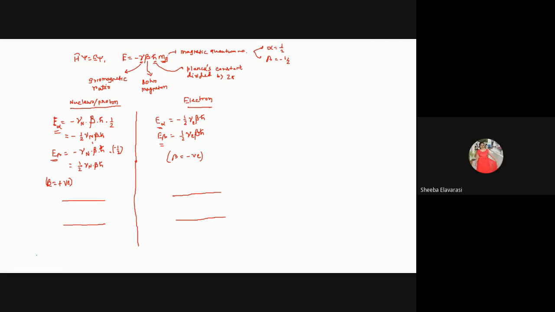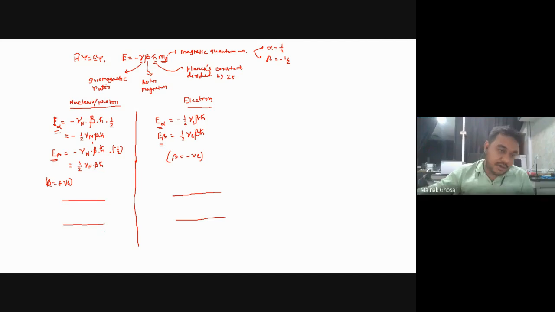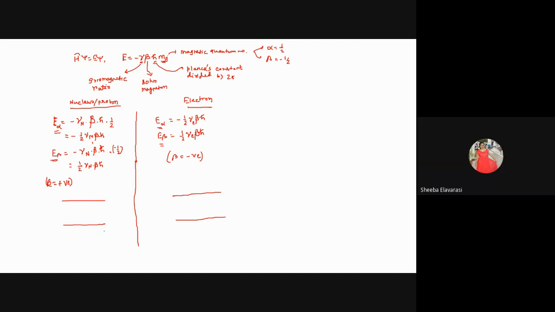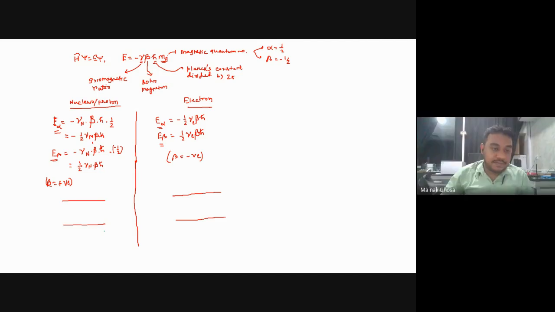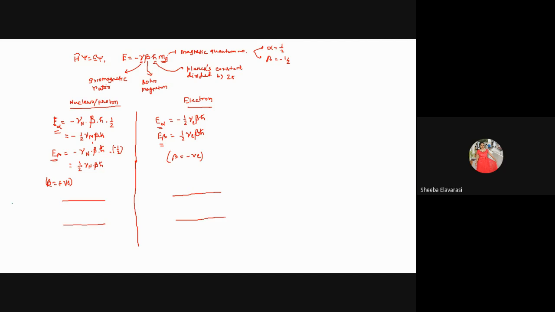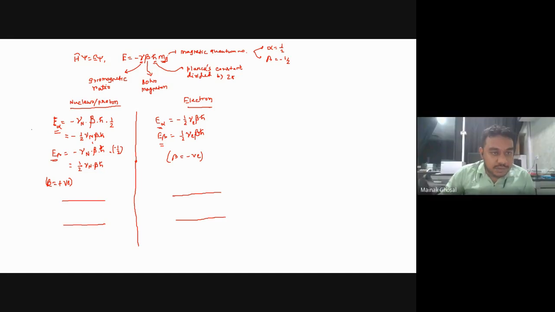Both will be the same, I mean alpha and beta, but the signs are opposite. You can see here that in the E alpha expression there is minus half mu n beta h.